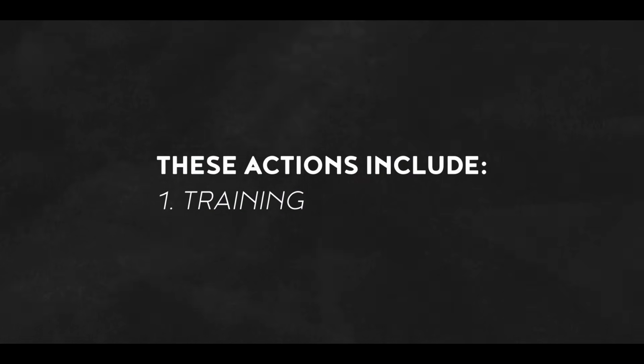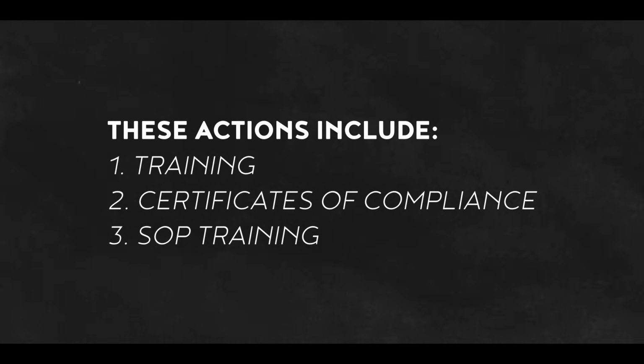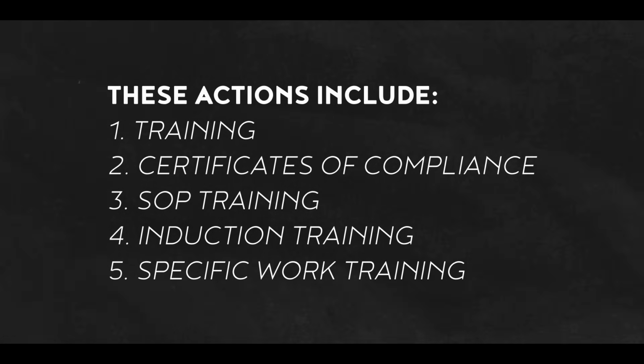However, administrative controls also require persons with higher levels of competency to make sure that these control measures or actions are carried out effectively. These actions include training, certificates of compliance, safe operator procedure training, induction training, or even specific work training that needs to take place. Other administrative controls include things like appointment letters, hygiene surveys, and safety signage.